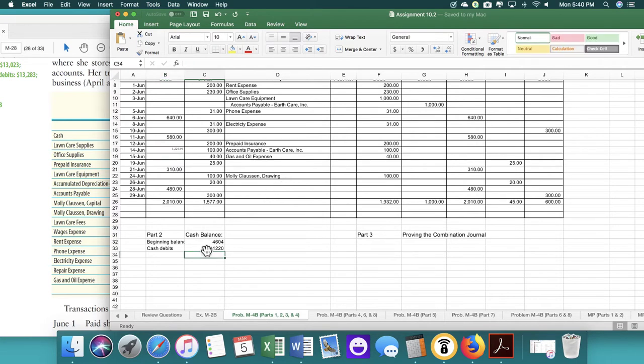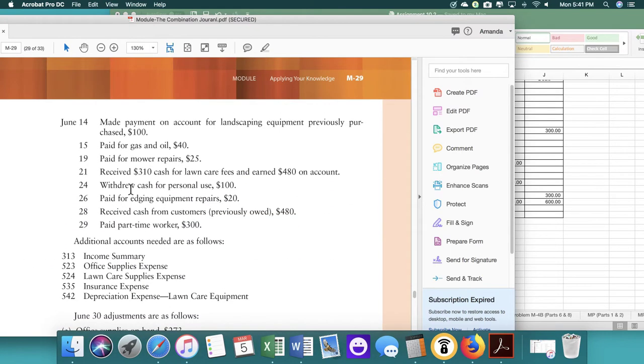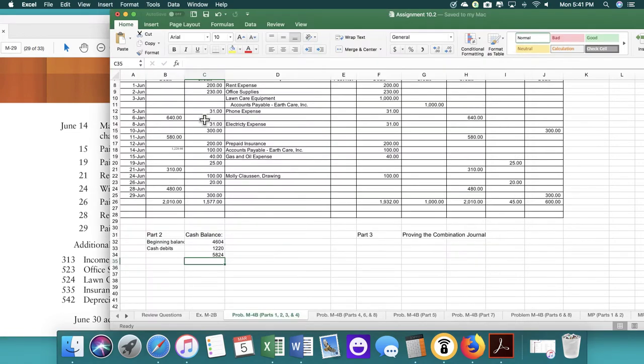We're going to total, and then less the cash credits, which would be, we have to find the debit totals based on June 12th as well.